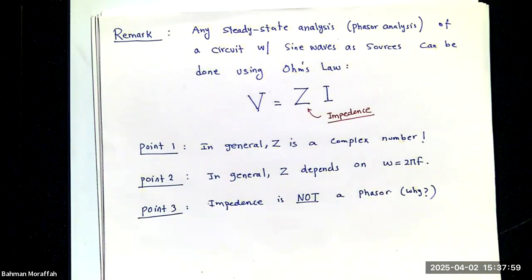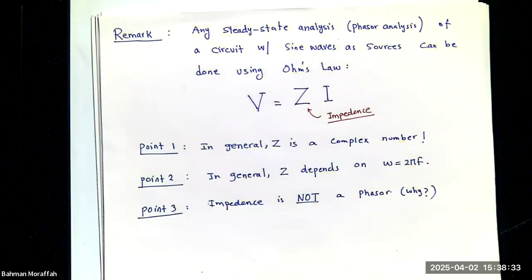What else can we say about this impedance? Yes. What is 2 pi f? What does f mean? Frequency. Oh, okay. Yes. What else can we say about impedance? Remember, the relationship between V and I is through Ohm's law, right? So if I have a bunch of them in series, I can combine them and get one impedance.